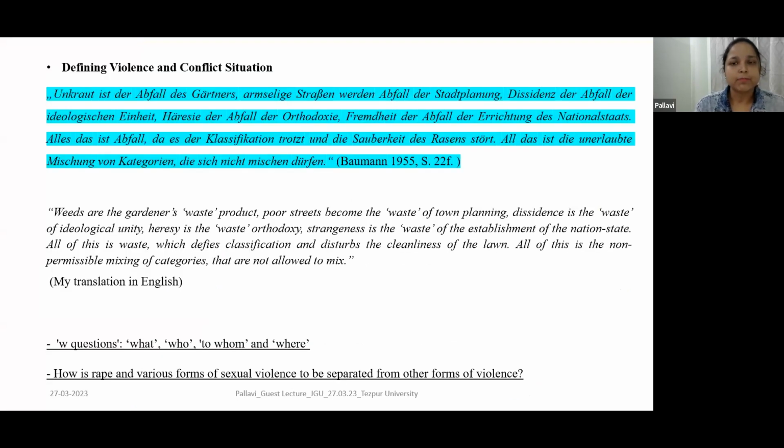So my first point here is defining violence and conflict situation. What is meant by the term violence? Winkler explains various concepts of violence, for instance, physical violence and harm through the act of omission. In these two concepts of violence, the what content is linked to the who content.